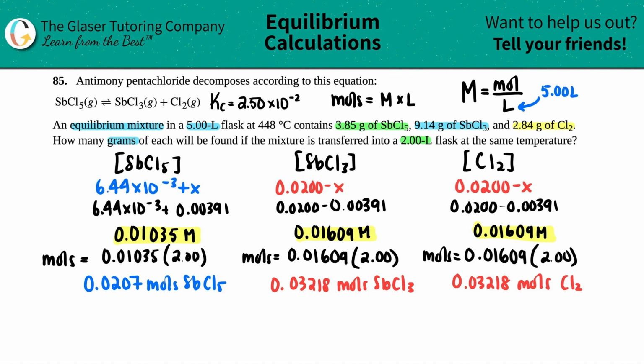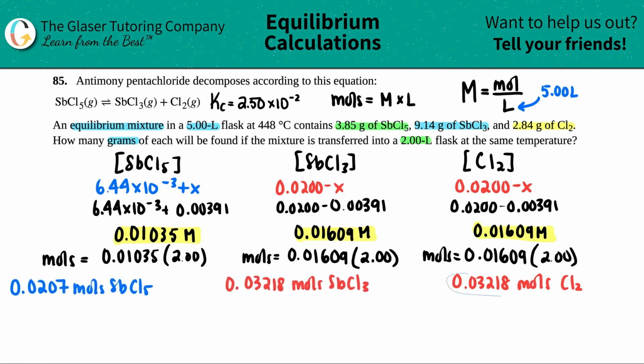They want grams. So remember, we just have to convert from moles to grams. Now remember, if you want to do moles to grams, we can always do the conversion, right? Or we could do the quick-hand version because we're not in that chapter anymore. There are tricks, right? If you want to go from moles to grams, all you have to do is just times by the molar mass.